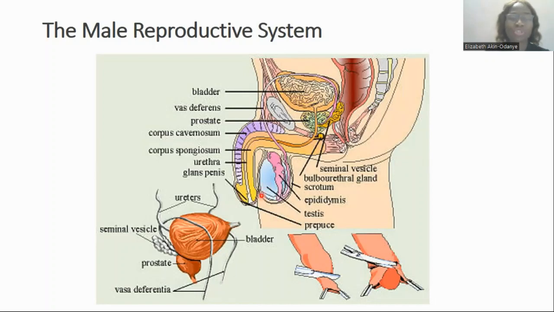So the scrotum contains the testis, and the testis produces sperms. Sperms, as we've said earlier, are part of the male gonads. The scrotum is located outside of the body because the sperm cannot survive the normal body temperature.